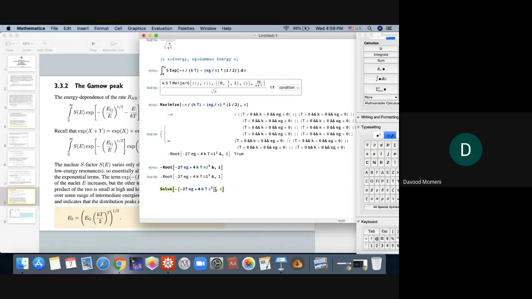So I have to write here this. Which one is the peak? The root which gives you the positive energy is the peak. So E_G kT over 2 is the peak energy. Okay, you can get the expressions here. This is the maximum. You can find it from here.